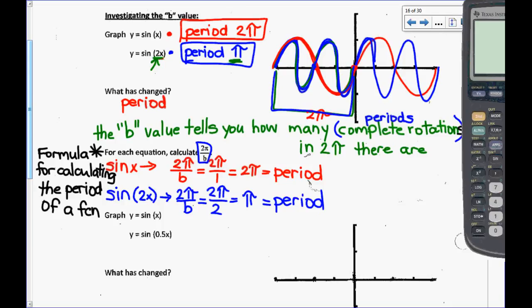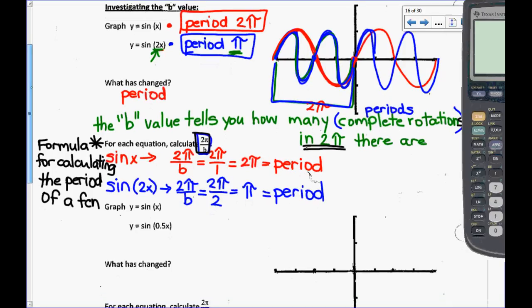B is not the period, but it tells you how many complete rotations or periods there are in 2 pi.